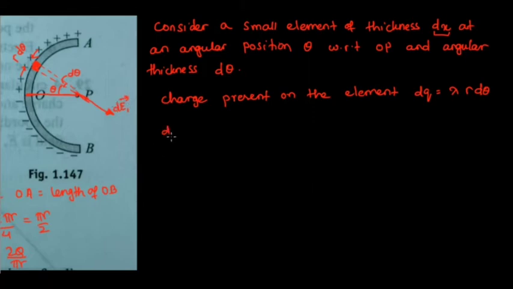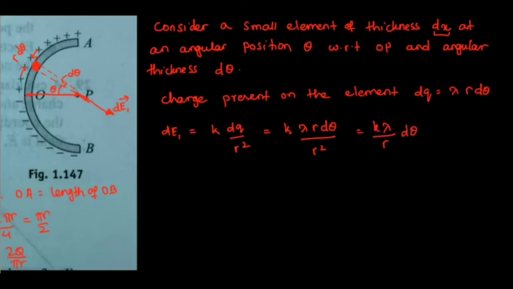The magnitude of dE1 will be K dq divided by r square, because the distance of the element from point P is equal to the radius. In place of dq I write lambda r d theta divided by r square, so that is equal to k lambda by r into d theta.